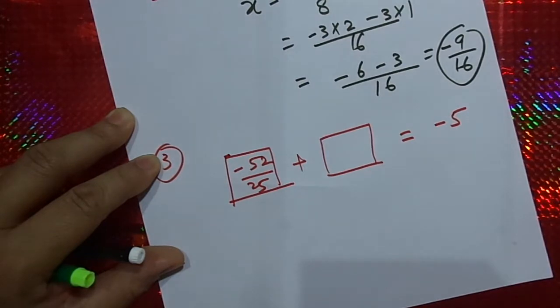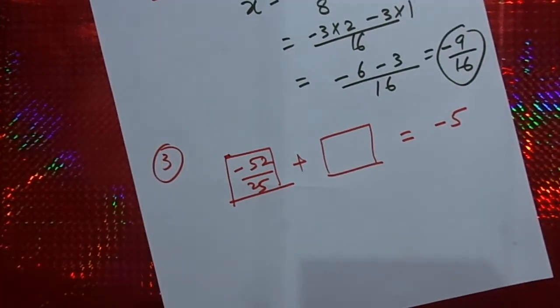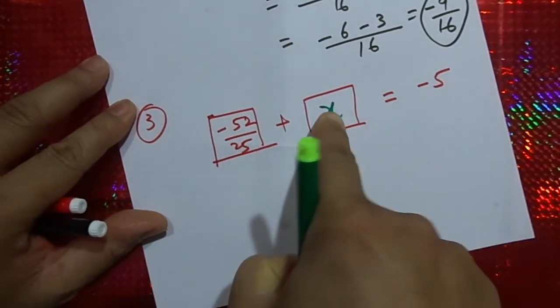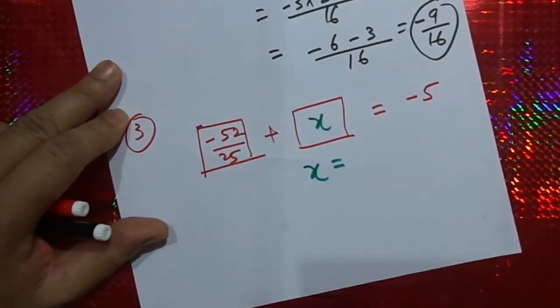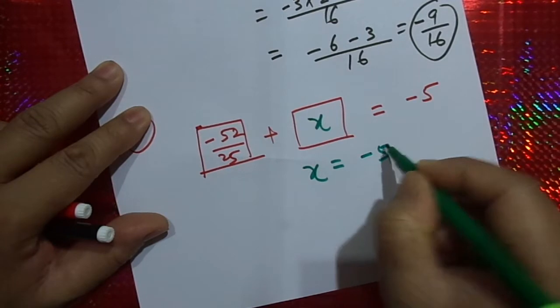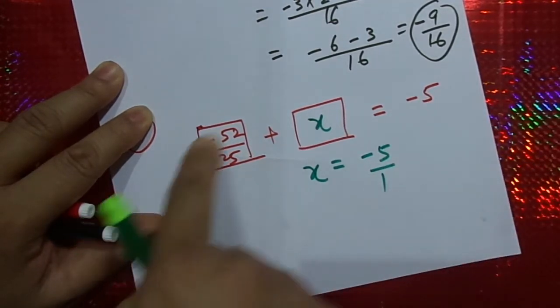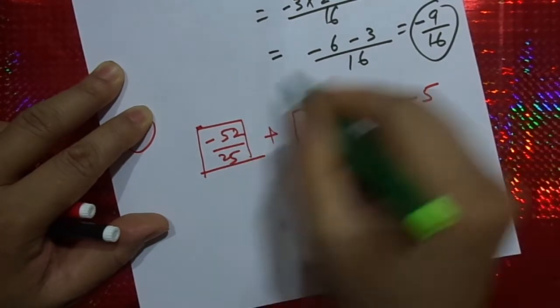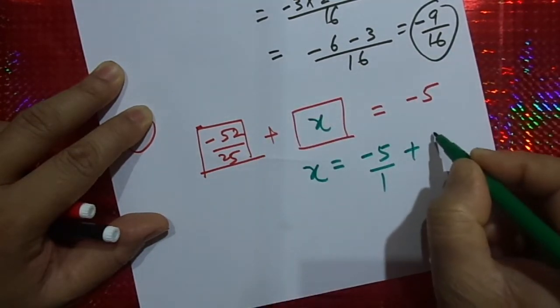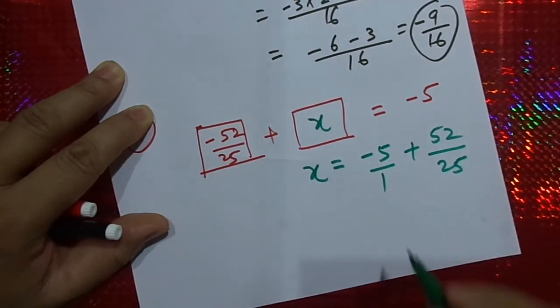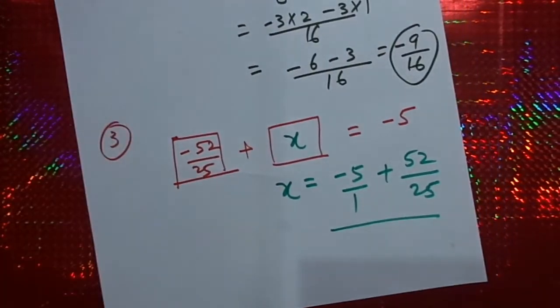I do not know the value of the other rational number, so I'll keep this as x. Therefore let's find the value of x quickly. Minus 5 means minus 5 by 1, and this minus 52 by 25, when you transpose it, will be plus 52 by 25.